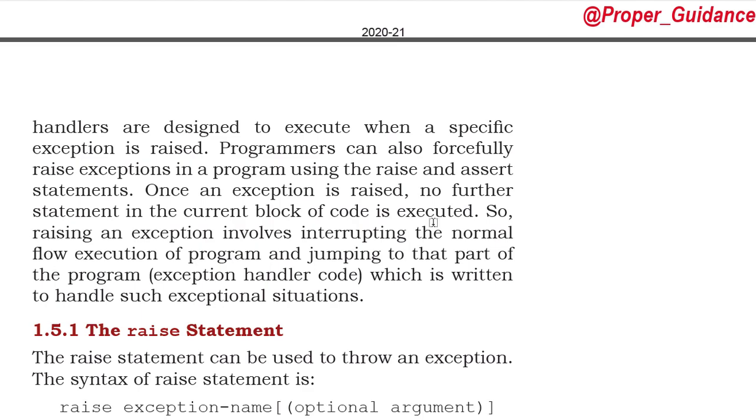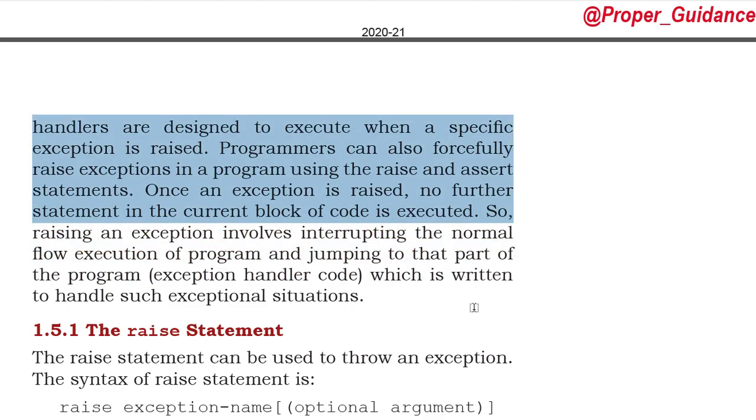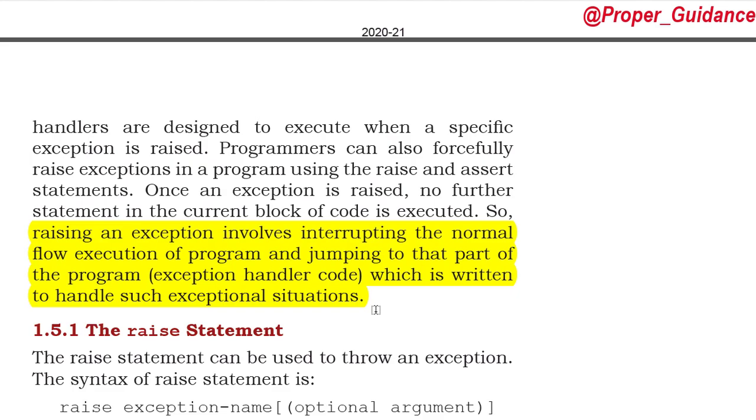Programmers can also forcefully raise exceptions in a program using the raise and assert statements. Once an exception is raised, no further statement in the current block of code is executed. So, raising an exception involves interrupting the normal flow of execution of the program and jumping to that part of the program which is written to handle such exceptional situations.